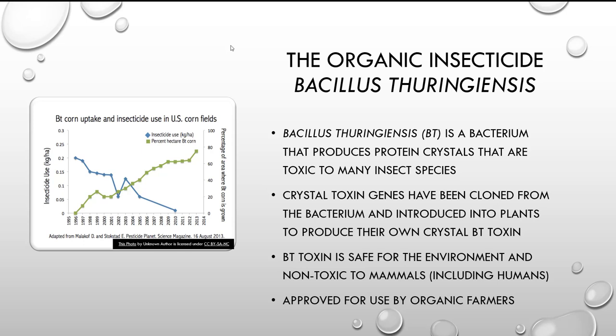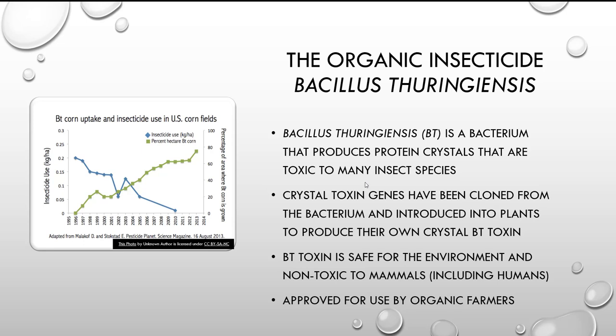So basically what we can do is splice in that BT gene from the bacterium into corn, and introduce that genetic characteristic into the corn's genome through that whole process of genetic engineering to create BT corn.